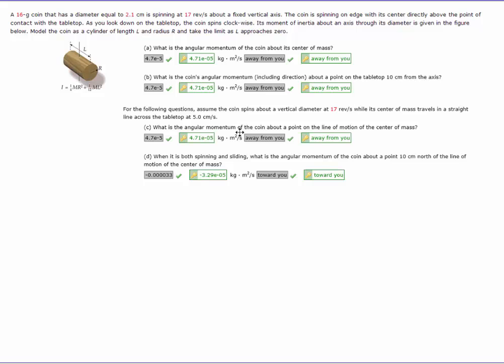And now note, if you have something like a coin, let's take an object here. If you have an object here and it's spinning like this, it doesn't matter whether I'm right here or here or here. Its angular momentum is exactly the same with respect to those points.